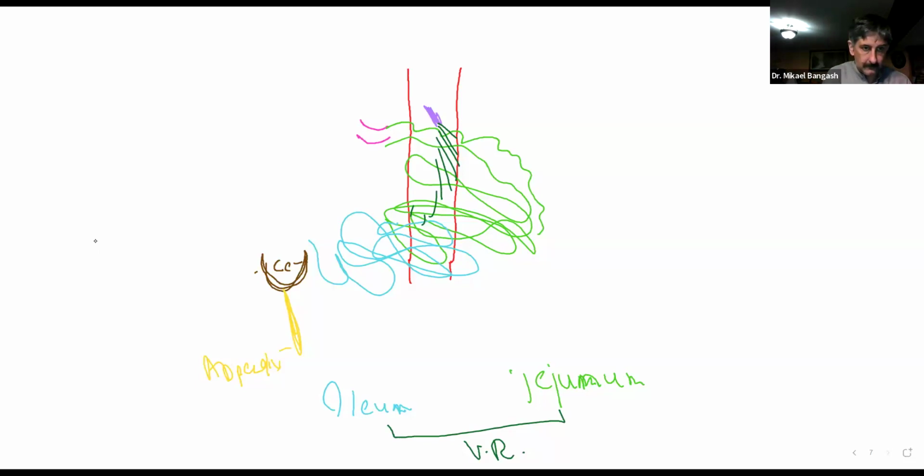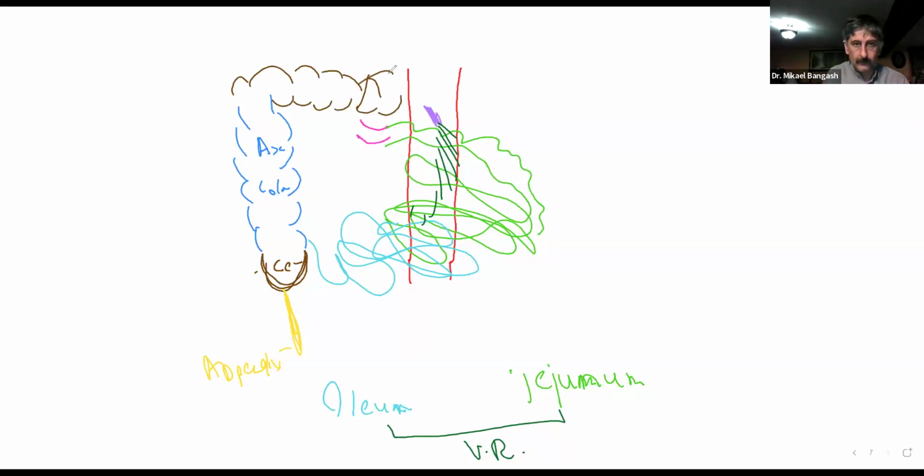After which is going to be the ascending colon, and followed by the transverse colon.